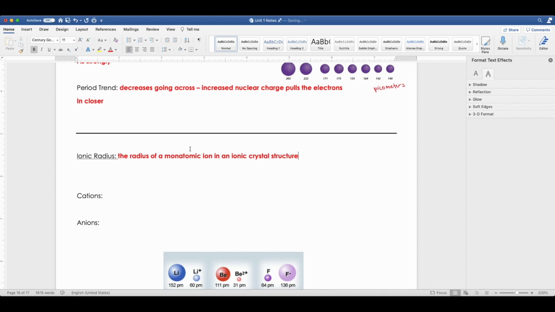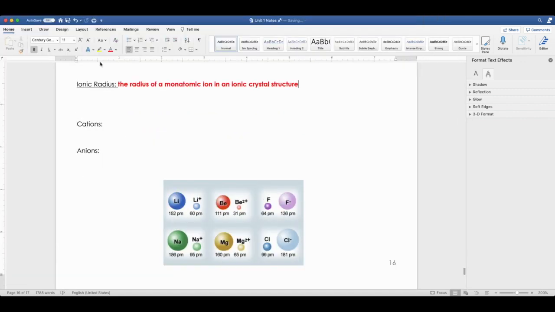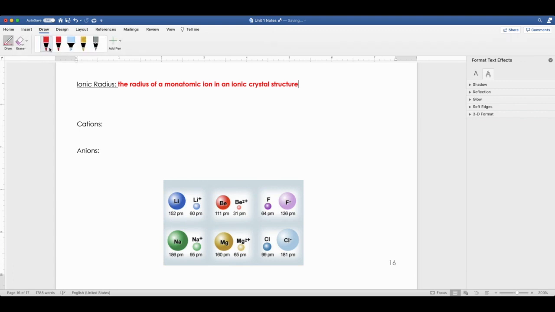So when it's bonded to something else, but in this case, it has to be in an ionic substance, so a metal bonded to a nonmetal. And I like this image a lot because I think it makes quite a bit of sense when you really break it down. So let's go ahead and pull this out again.